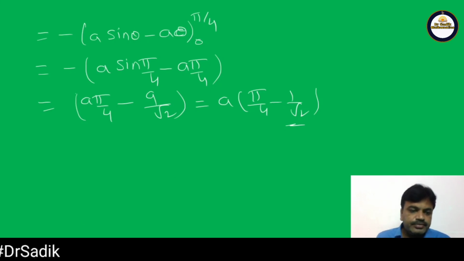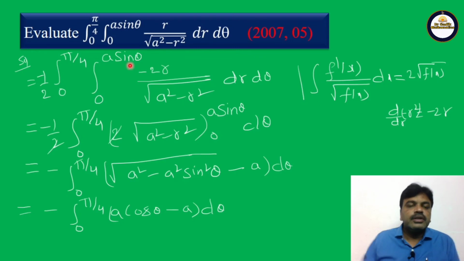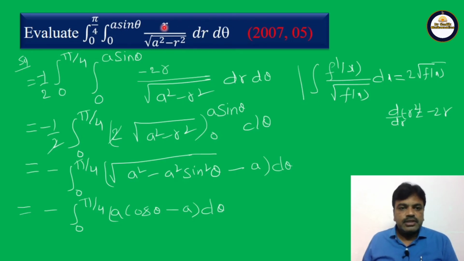Once again, he gave a problem like this, friends. I observe here the derivative of this function is minus 2r, so I rearrange the terms here, minus 1 by 2 into minus 2. Okay, cancel, we get again this term, friends. So I apply this formula here, 2 into square root of a square minus r square.